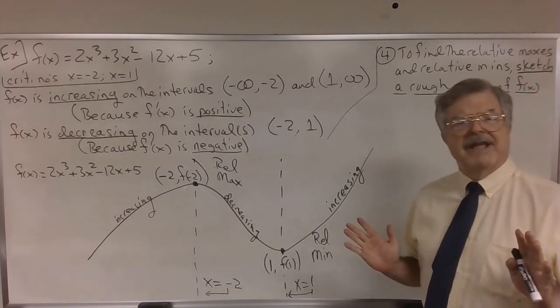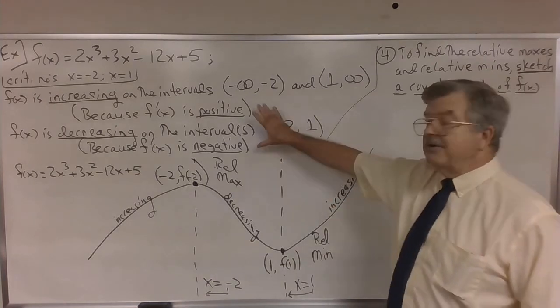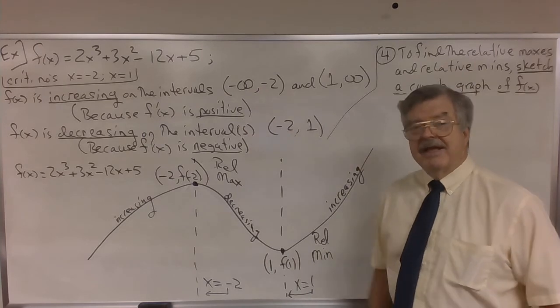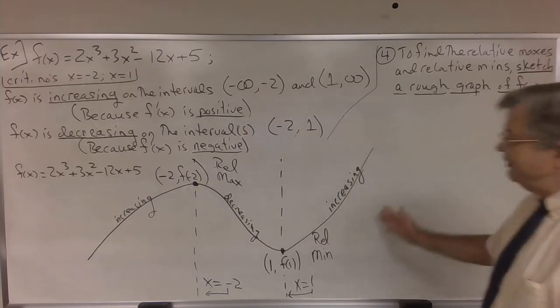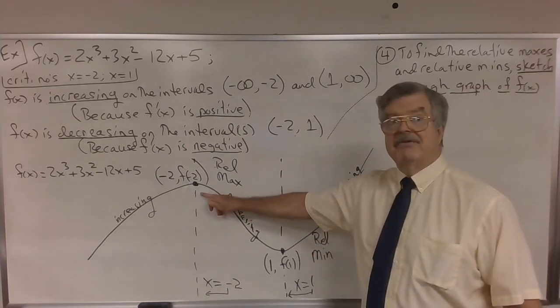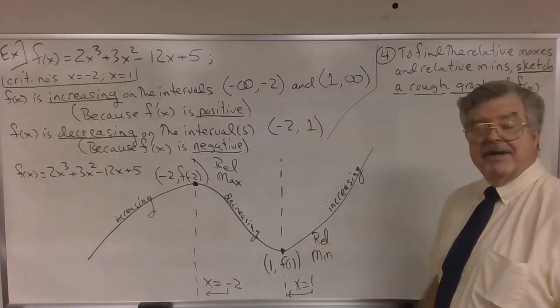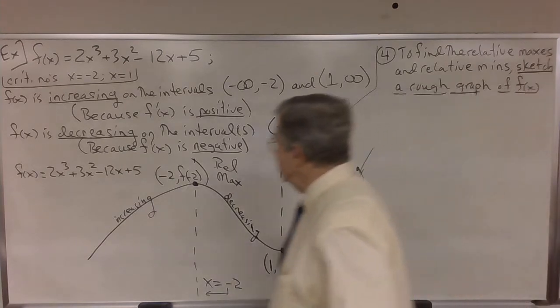But it's interesting how we found our relative maxes and mins, right? Just use the information about increasing and decreasing and sketch a rough graph of f of x. And then just stand back and look at the graph and say, oh, here's a high point, must be a relative maximum. Oh, here's a low point, must be a relative minimum. And that's exactly the way it works.